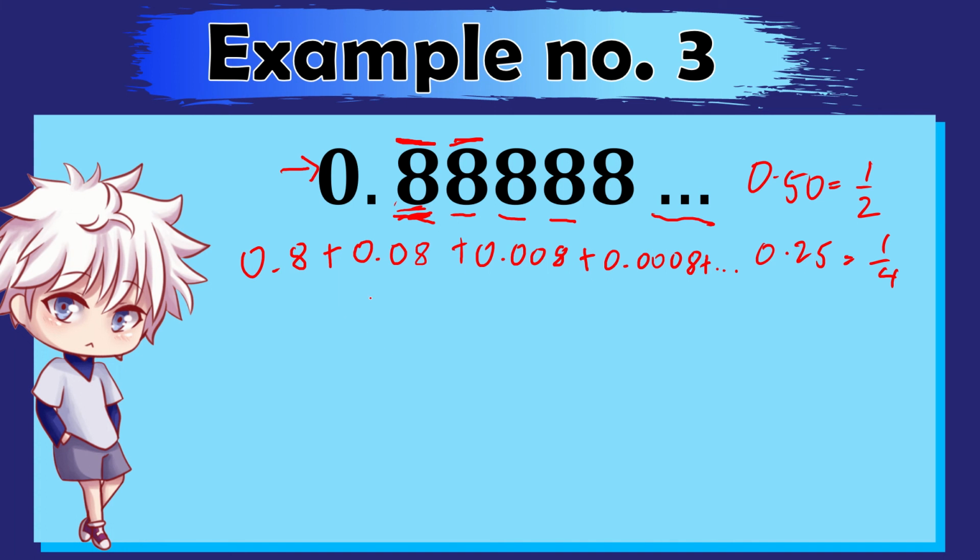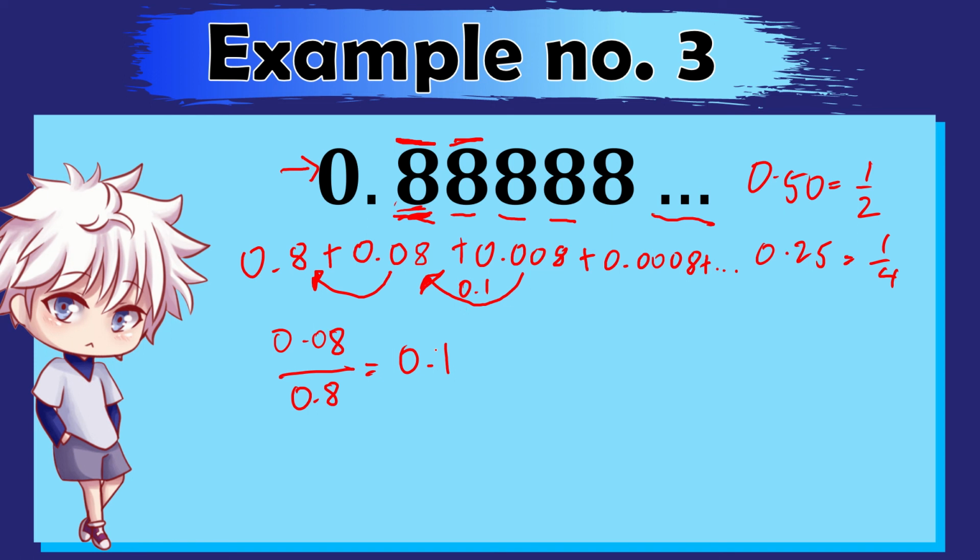Kapag kinuha po natin yung common ratio, let's say for example, if you have 0.08 divided by 0.8, ang lalabas po dyan is 0.1. Then if you also have 0.008 divided by 0.08, still that is 0.1.